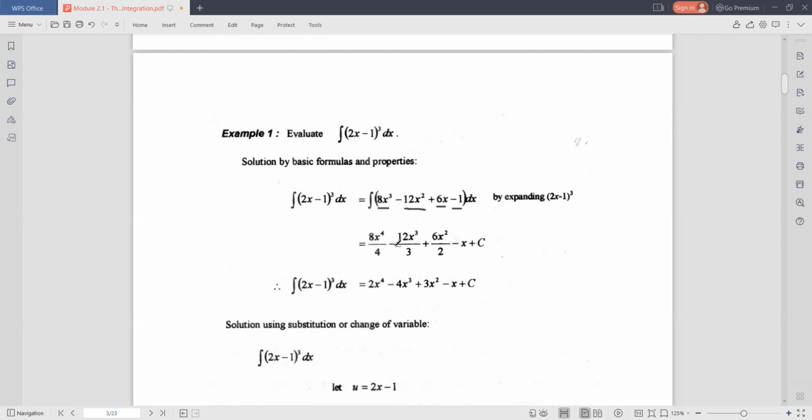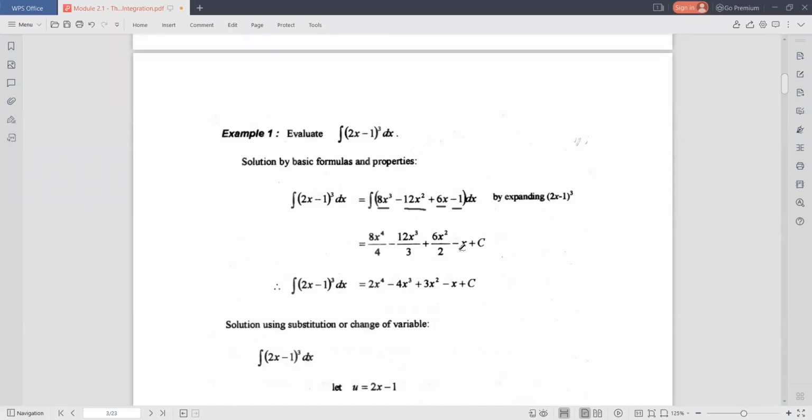Then followed by the minus sign. Then the integral of 12x squared, so just apply the power rule again, that is 12x raised to 2 plus 1 over 2 plus 1. And the same with the 6x, so that is 6x squared over 2.